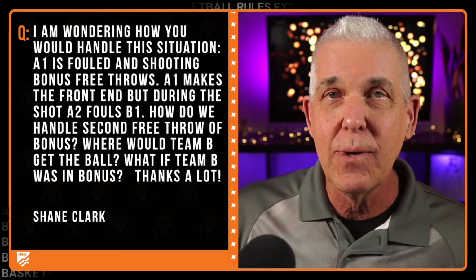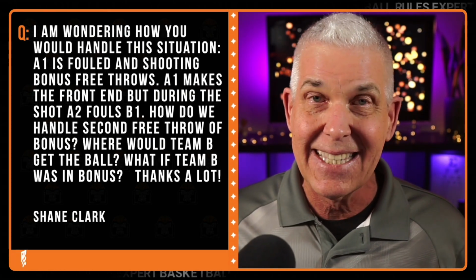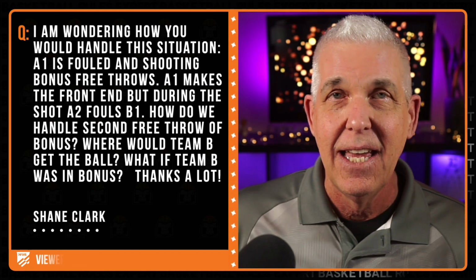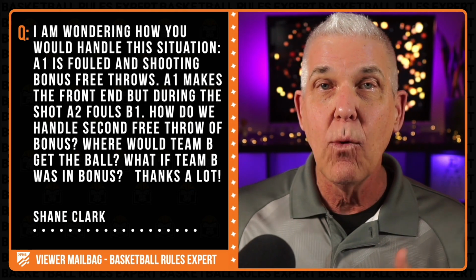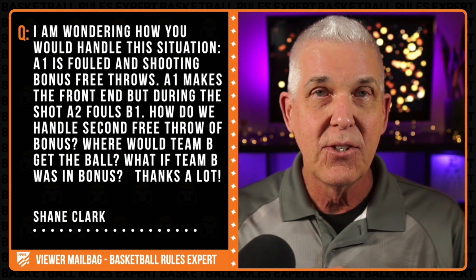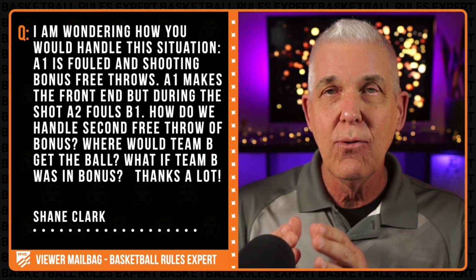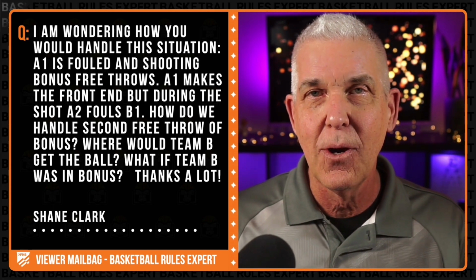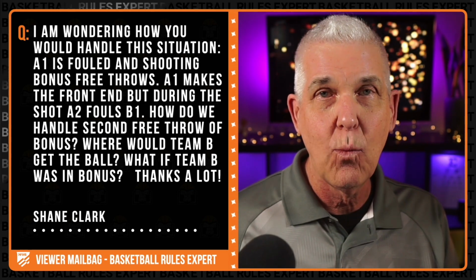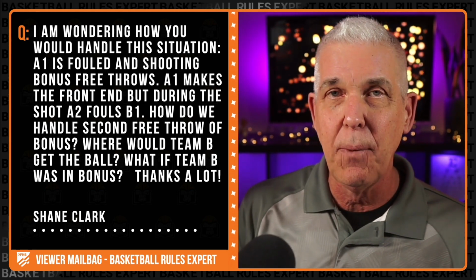I am wondering how you would handle this situation, asks Shane Clark. A1 is fouled and shooting bonus free throws. A1 makes the front end, but during the shot, A2 fouls B1. How would we handle the second free throw of bonus, and where would Team B get the ball?